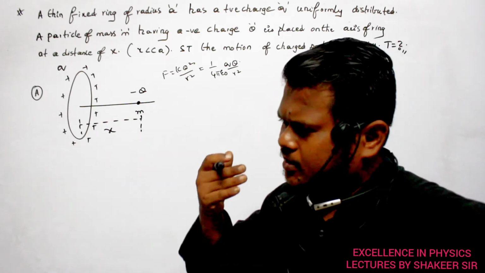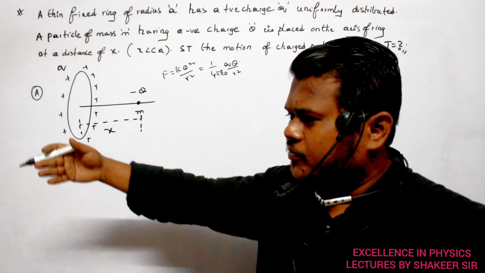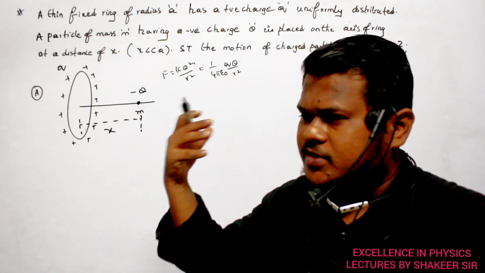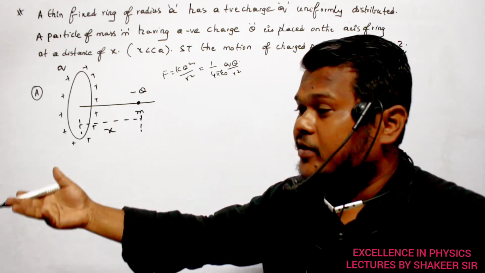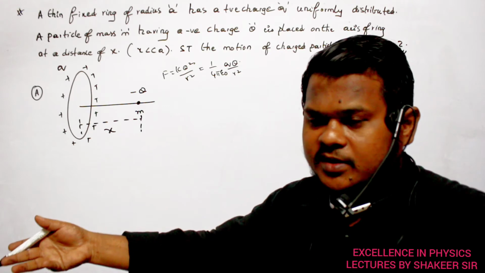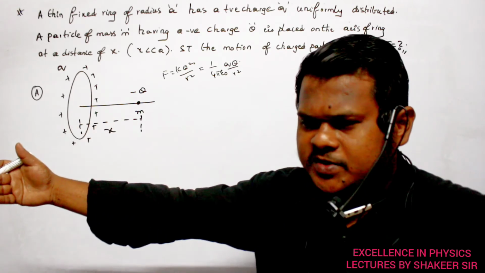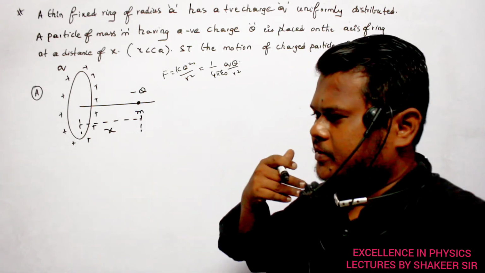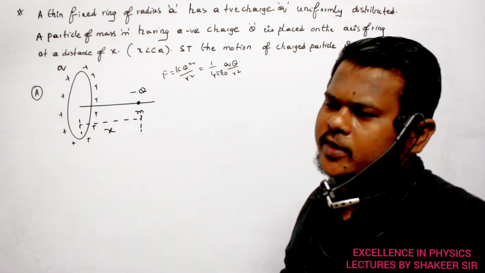Because of inertia, it continues to move to the other direction. But when it starts moving to the other direction, again a force of attraction is acting. So the charge will continuously decelerate on that side. It means its velocity continuously decreases. After some time it stops somewhere, then again it returns back. So continuously this charge will perform simple harmonic motion.